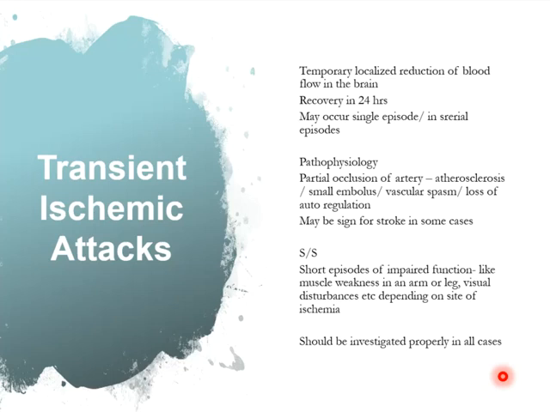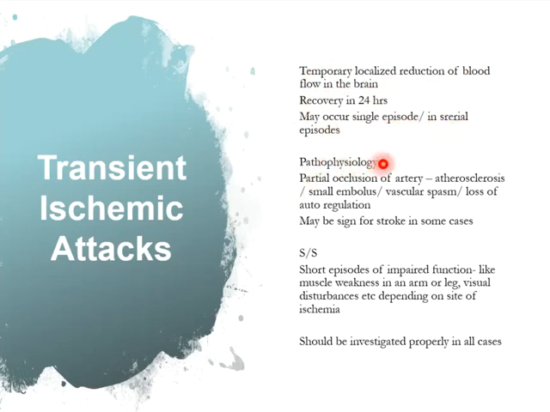So it happens, and there are signs and symptoms for a short period of time, and then it goes away. Okay. So let's look at how it presents in the CNS. There is a temporary localized reduction of blood flow in the brain, and recovery happens within 24 hours. It may occur as a single episode, or as serial episodes.